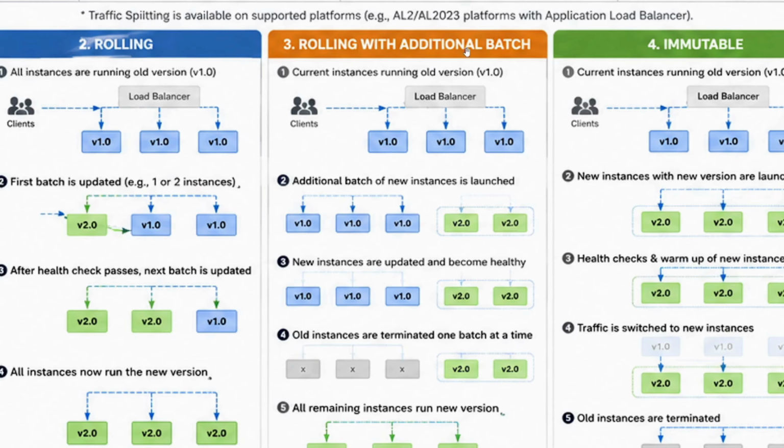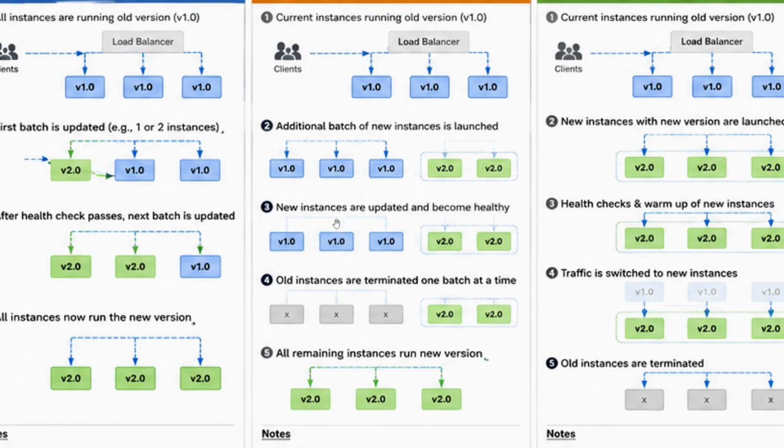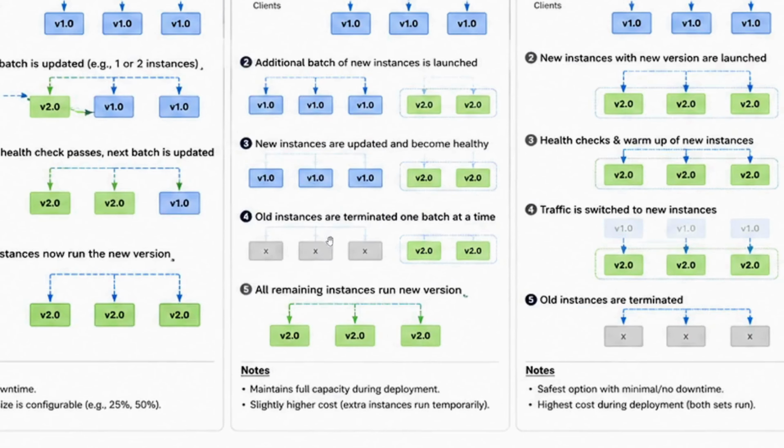So in this case, you are adding an additional batch. Say I have created a batch of 2. The 3 instances will run on the old version, and 2 new instances will be launched with version 2.0. Then once these are updated, it will remove the previous instances and add one more instance here. After the health check and everything is done, only then will it remove the old instances.